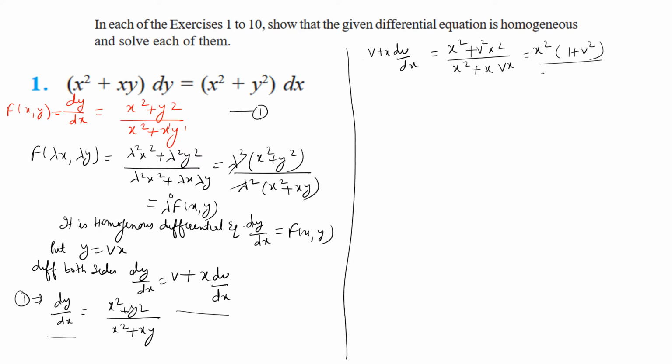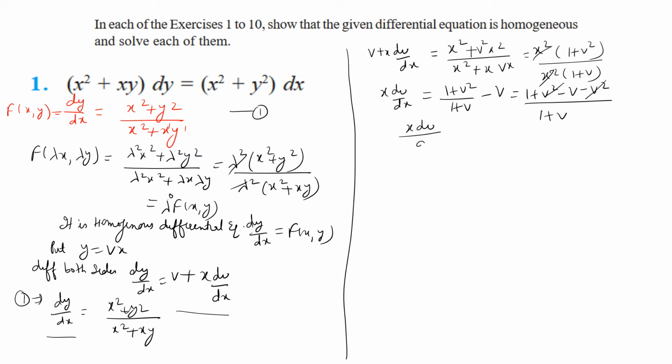So it is x square into (1 plus v). Now I will take this v to the other side because I am going to separate the variables, minus v. So this becomes 1 plus v square minus v square. Be careful with the signs. So x dv upon dx is equal to (1 minus v) upon (1 plus v).